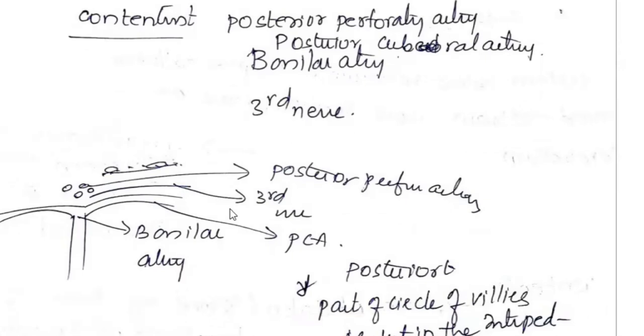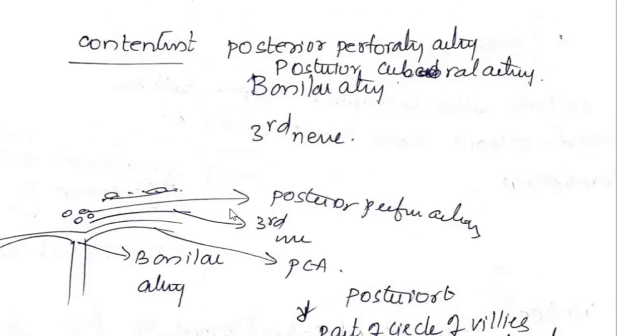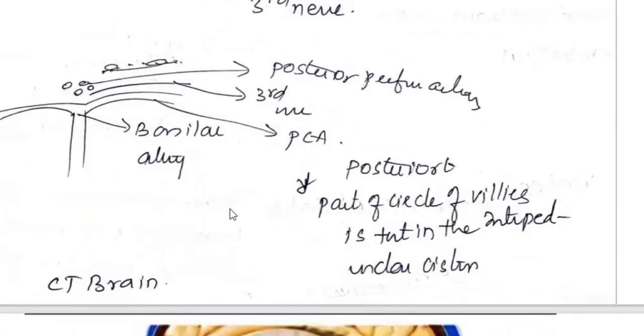Posterior perforated substance, as I told you, just remember the additional thing, the posterior perforating arteries. Do we assume all parts of the circle of Willis are present in the interpeduncular system? No, only the posterior part of the circle of Willis is present in the interpeduncular system. The circle of Willis has the ACA, and you know now how the circle of Willis is formed.